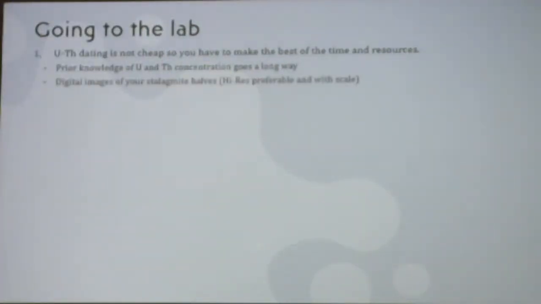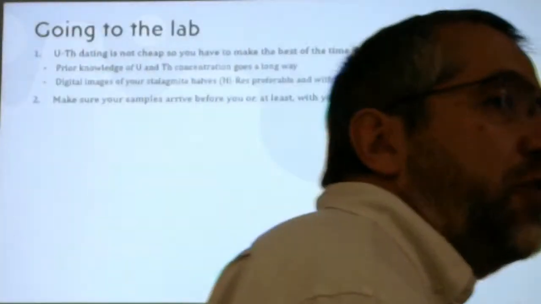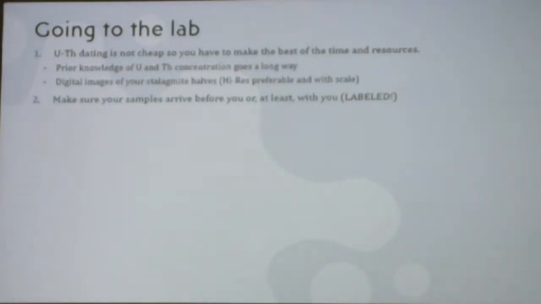Get digital images of your stalagmites, high resolution and with scale. This is very, very important to know whether there's some petrographic information there, some porosity or something like that, so you can discuss it later. Very important, make sure that your samples arrive before you, or at least with you, to the lab.